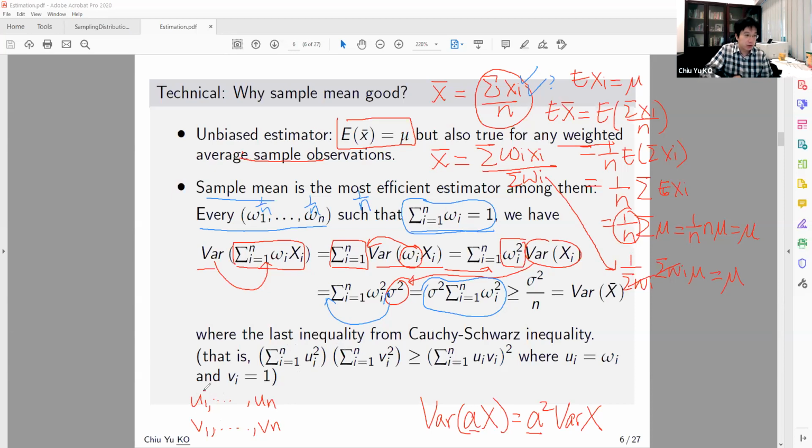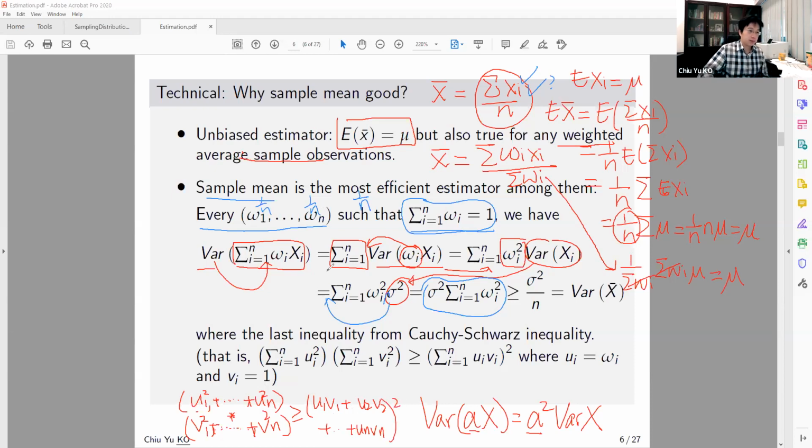If you square those numbers and add together, and you square the other set and add together, you multiply their sums, and that is bigger than, interestingly, multiplying them pair by pair, u1 v1, u2 v2, until un vn, and then squaring the sum.